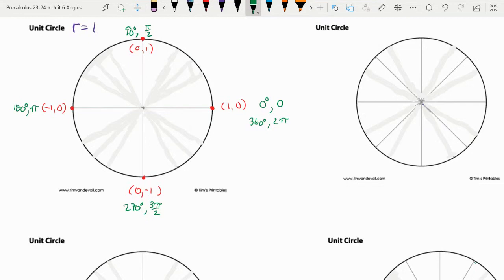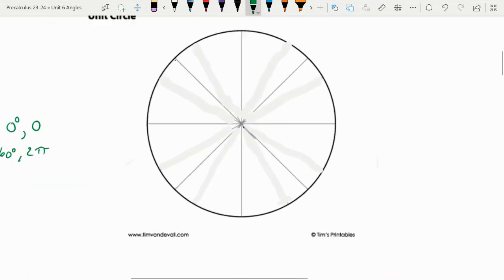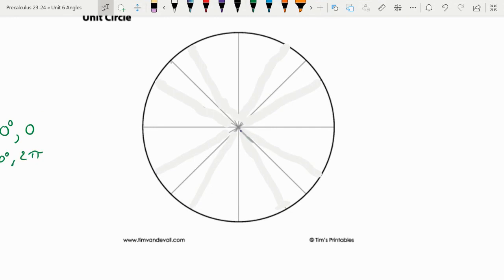So now we're going to look at what these ones are. Okay. Does that look like it is halfway between pi over 2 and 0? What would halfway between pi over 2 and 0 be?